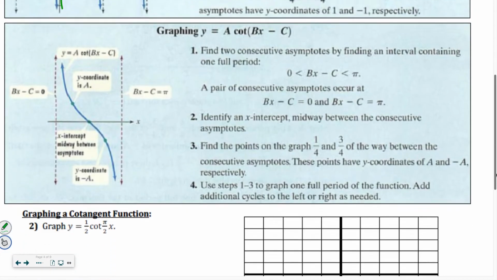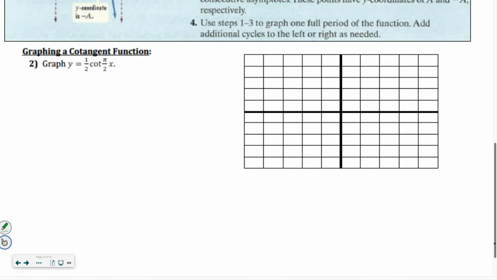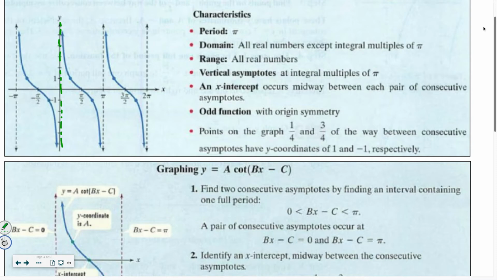This is all exactly the same directions here. So let's just get straight to it and do cotangent. Now, the only real big difference besides it decreasing again is my first asymptotes are 0 and pi.